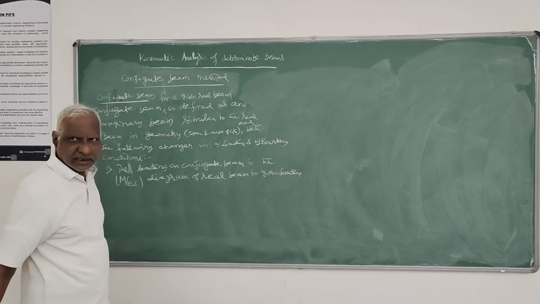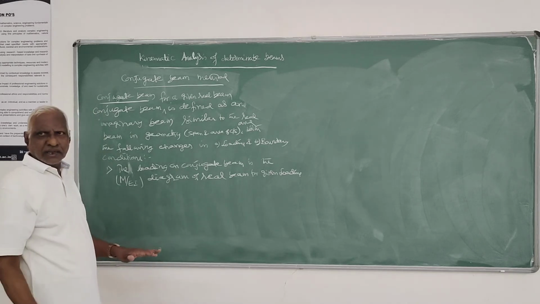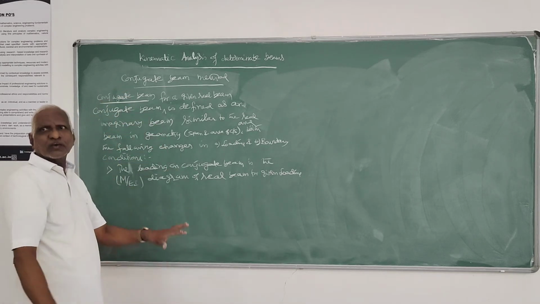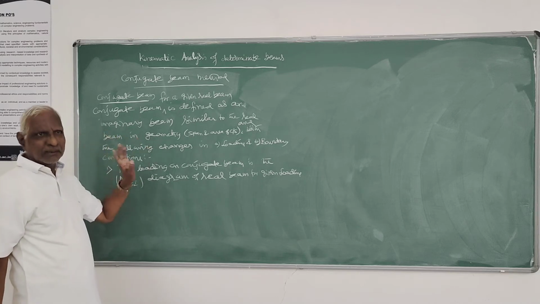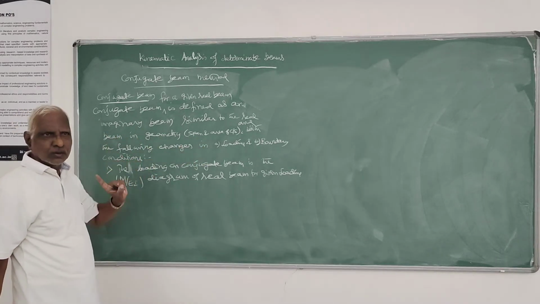Whatever given loading is there in the real beam, for that you draw the M by EI diagram. That diagram itself you have to load on this imaginary beam. That is the change with respect to load.